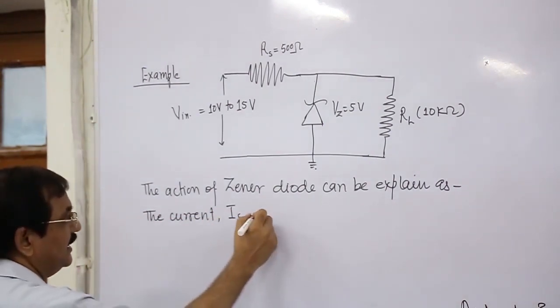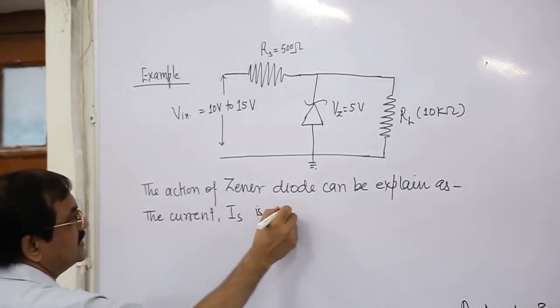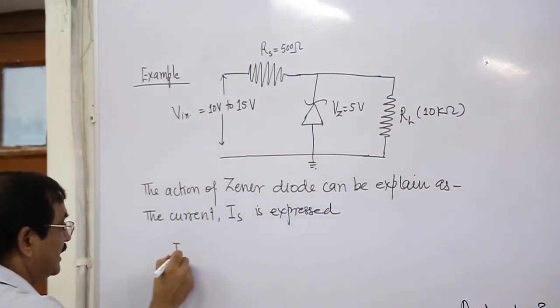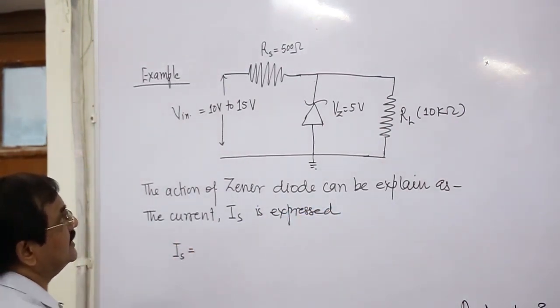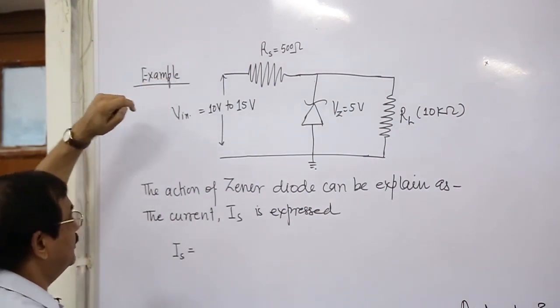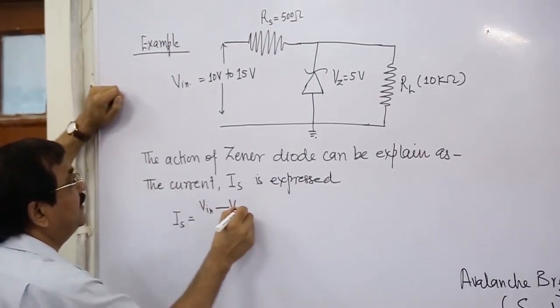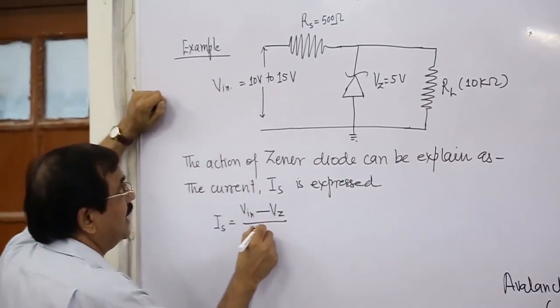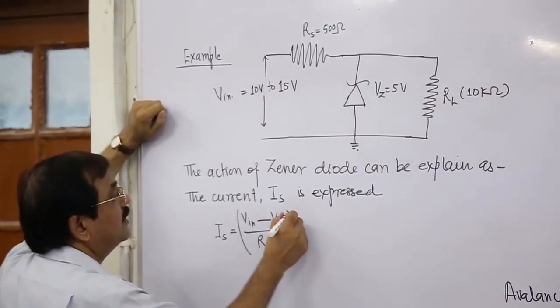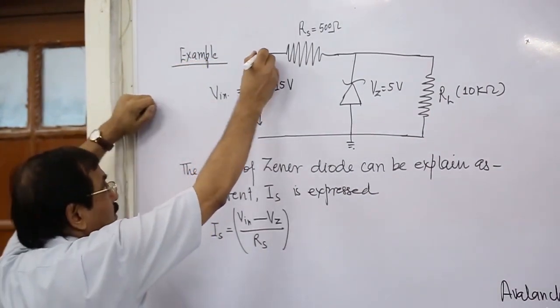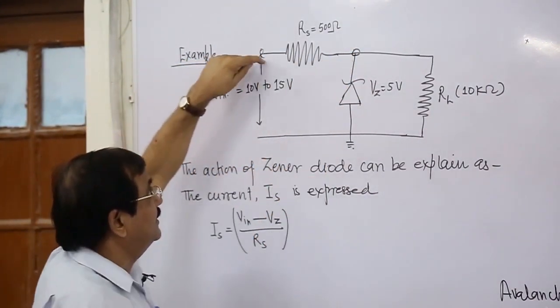The current IS is expressed as Vin minus Vz upon Rs. This voltage is V input, this voltage is Vz.